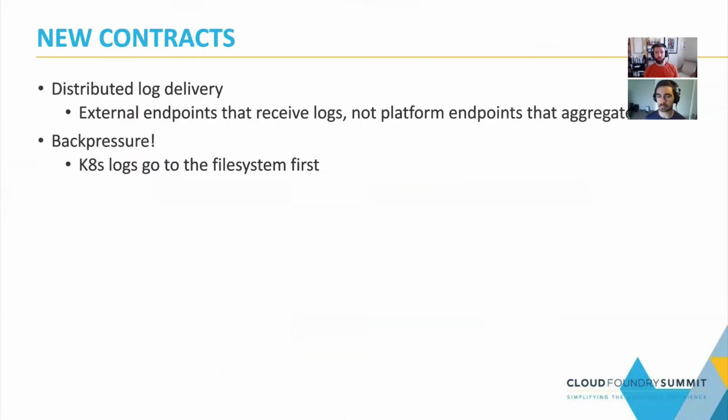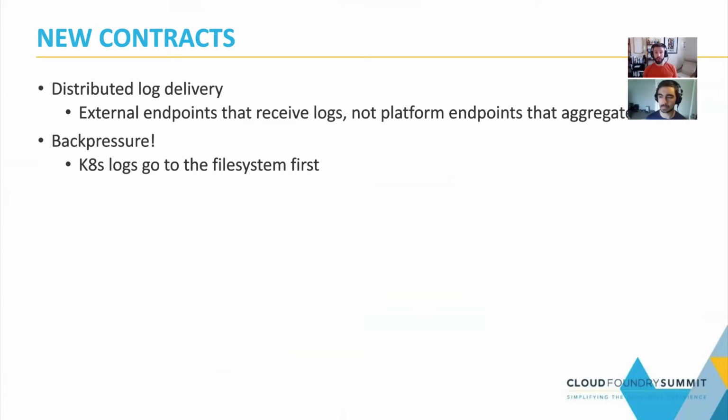And so we've got some new contracts and assumptions in this logging architecture than what we had before. One of them is this idea of distributed log delivery. No longer is there a single endpoint where all of your logs are egressed to. So there's no more firehose. The firehose in our experience was used mostly for third-party integrations, and we find that integrating is simpler if we treat those integrations as a generic syslog server.